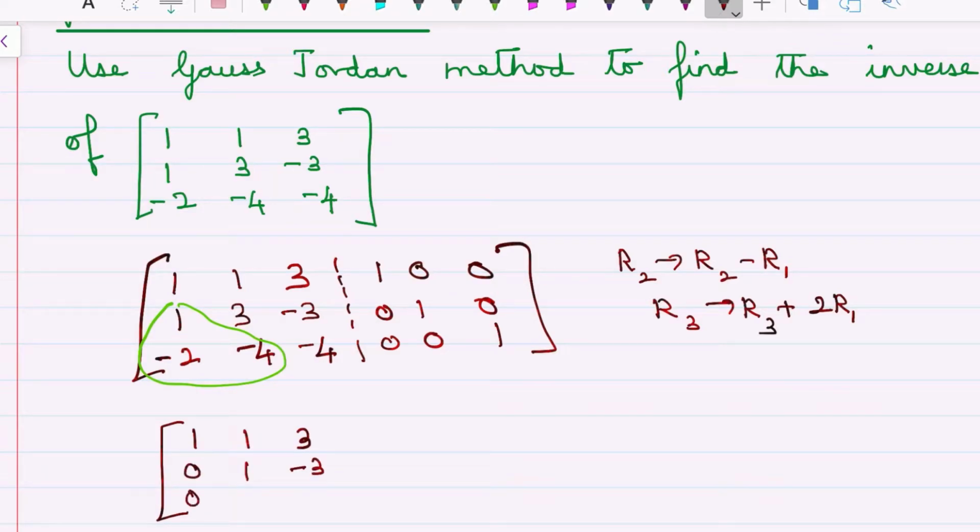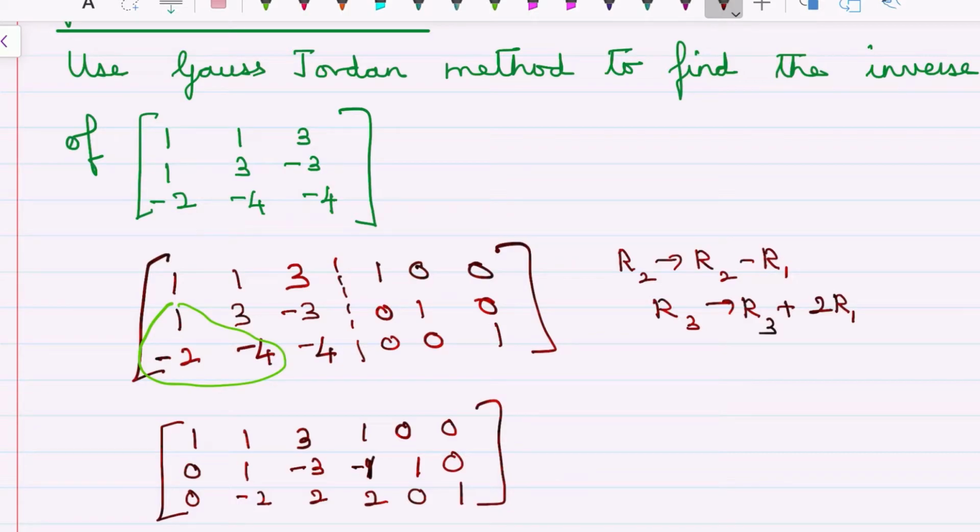This is 0, minus 2, 2, and correspondingly you apply the same thing to the matrix on the right. So this becomes 1, 0, 0, minus 1, 1, 0, 2, 0, 1.